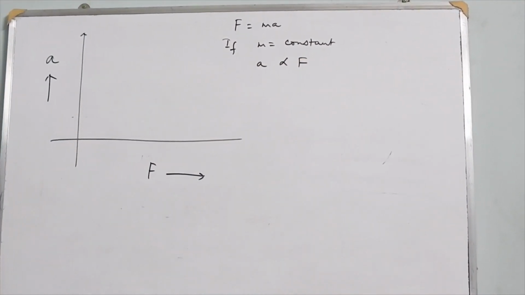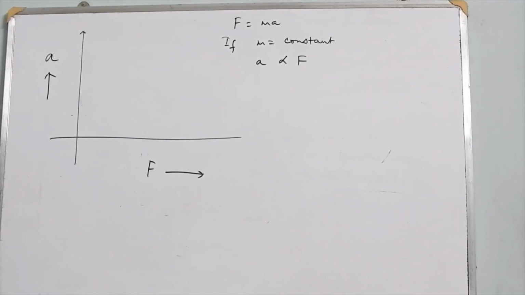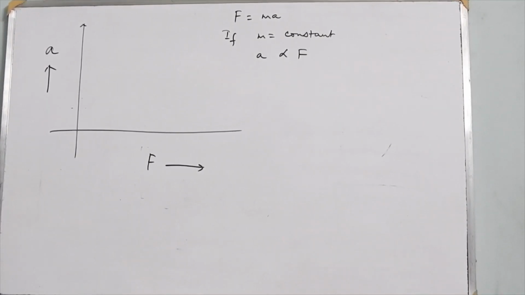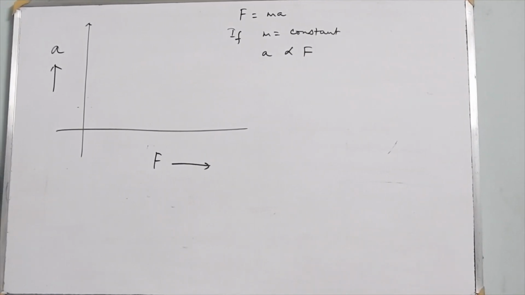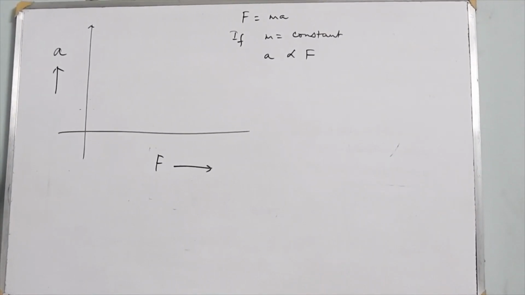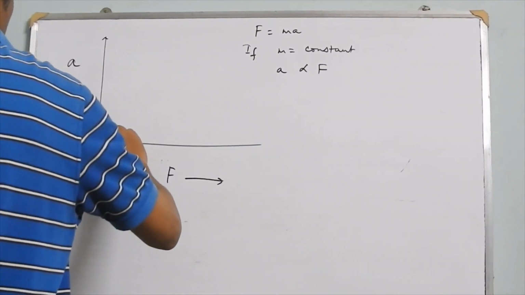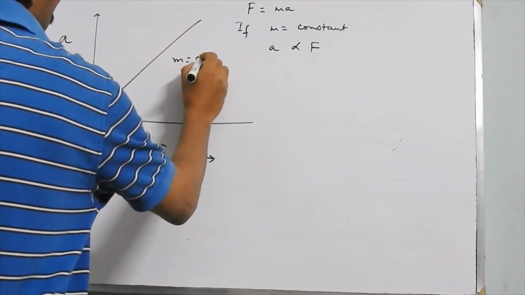That means that the acceleration produced in a body is directly proportional to the force, which means the more the force, the more will be the acceleration, provided the mass of the body does not change. So the graph between acceleration and force will be a straight line passing through the origin, provided mass is constant.